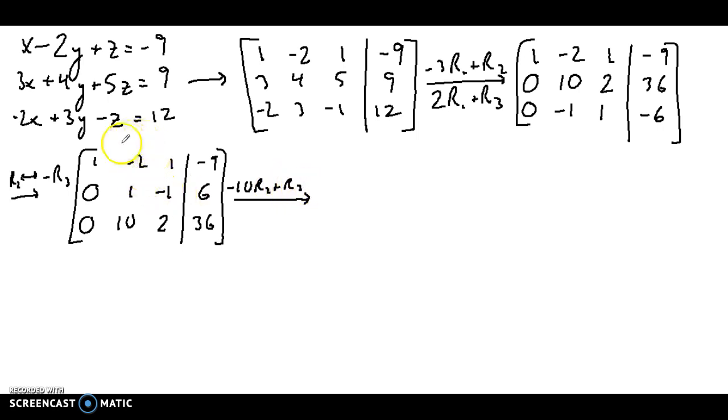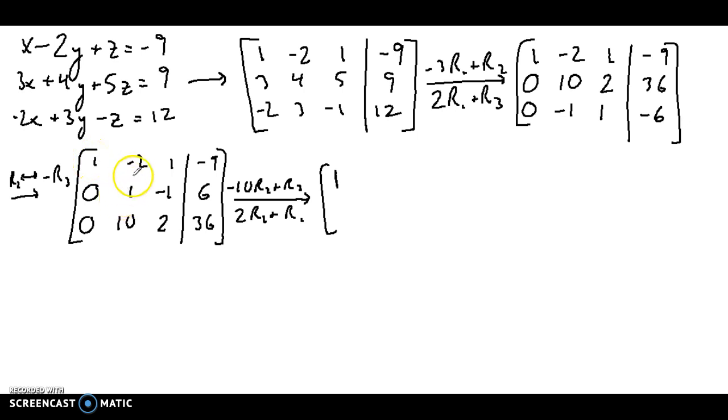In order to make this one a 0, I'm going to take 2 times row 2 plus row 1. And now we see row 1 is changing. So let's go ahead and change it. Well, that 0 is not going to affect the 1. That's why I got these to be zeros first before I started playing with this. By making these zeros, I won't affect this 1, which is important.